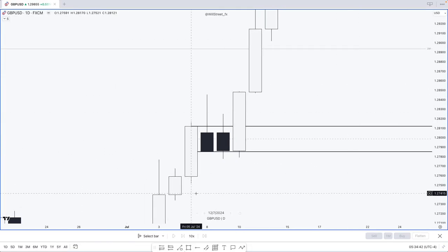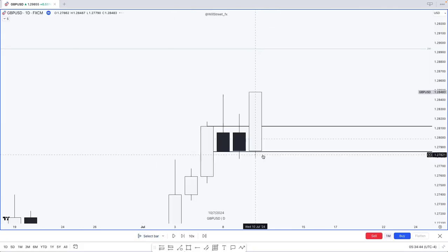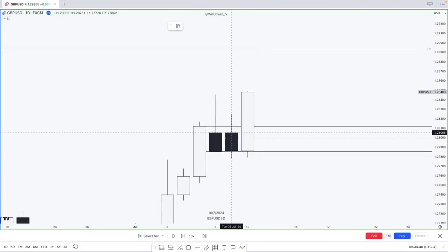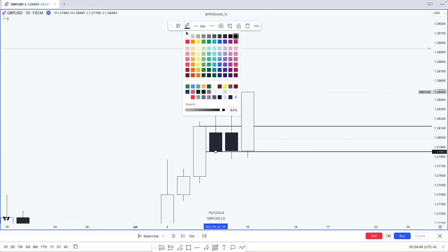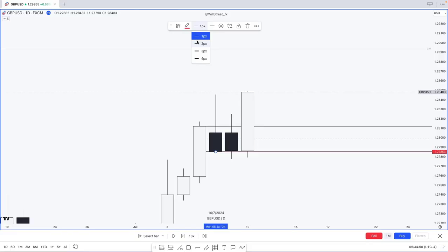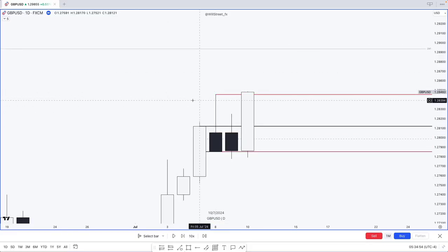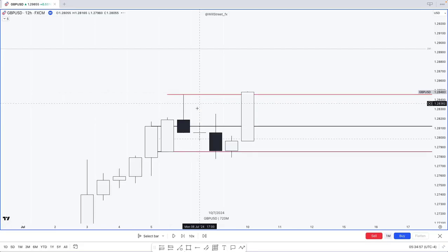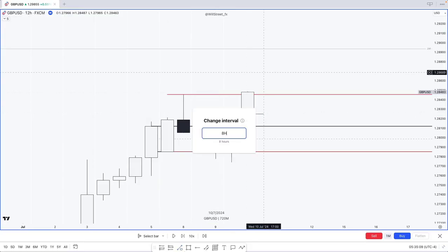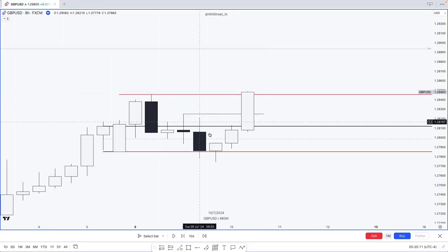So on Wednesday, this is our drawn liquidity. And let's refine. We don't see anything here because this was a failure swing. So you have to think that this is a range. This is turtle soup and this is our bias. We refine.